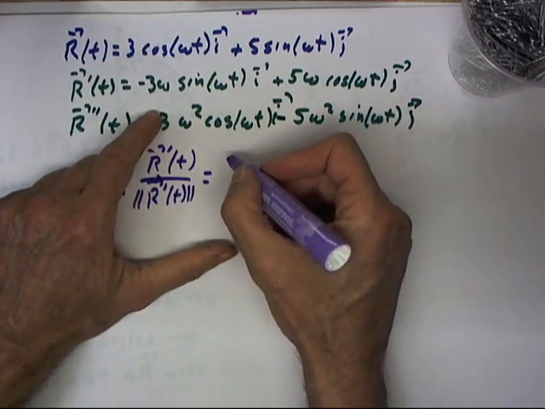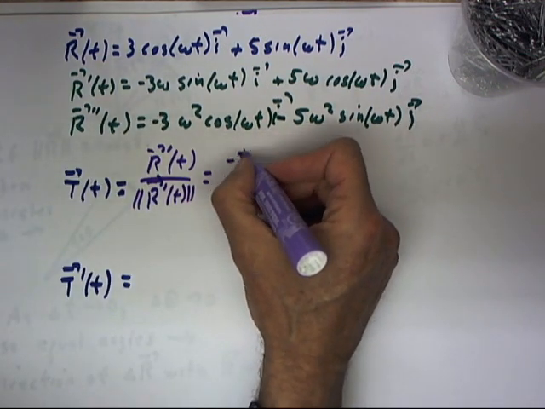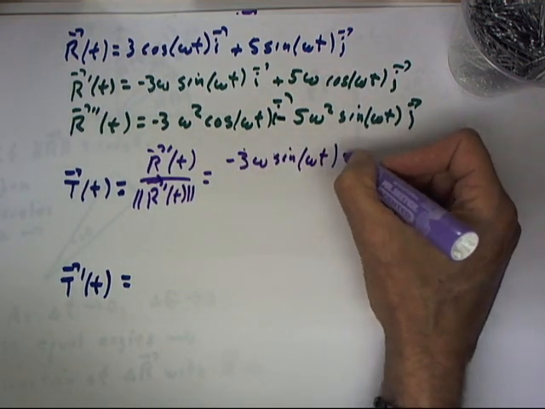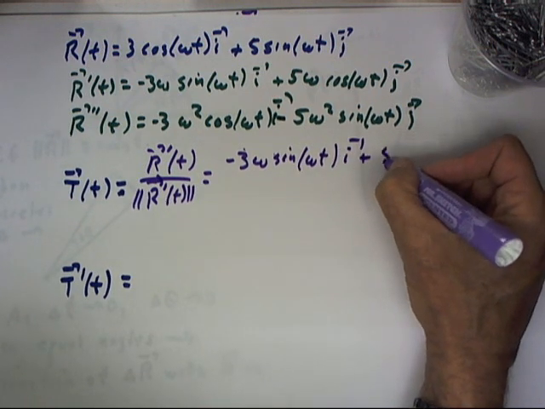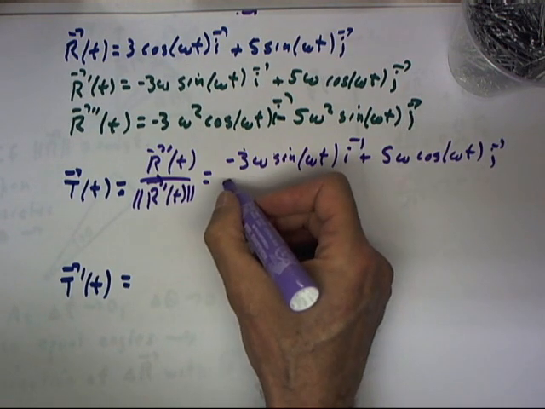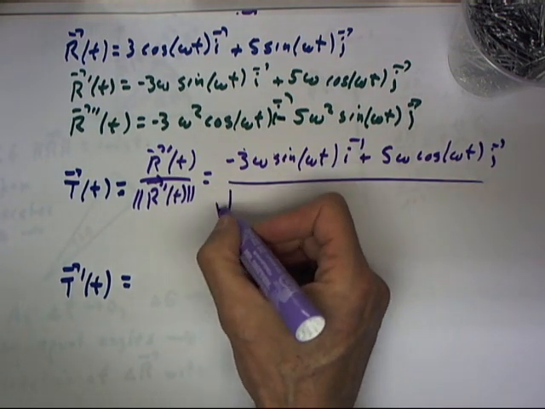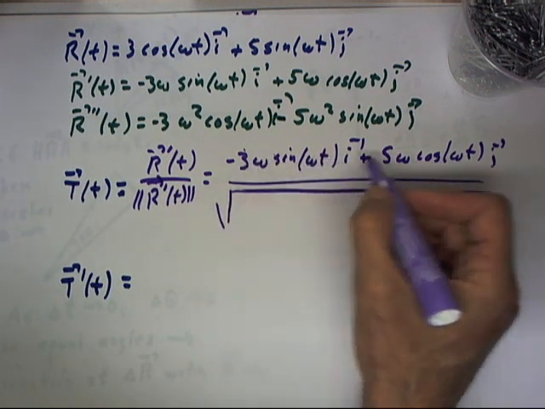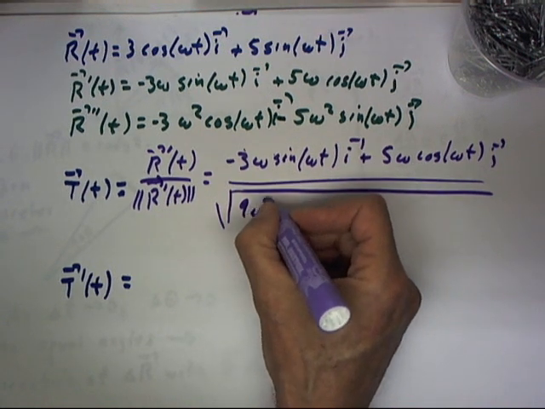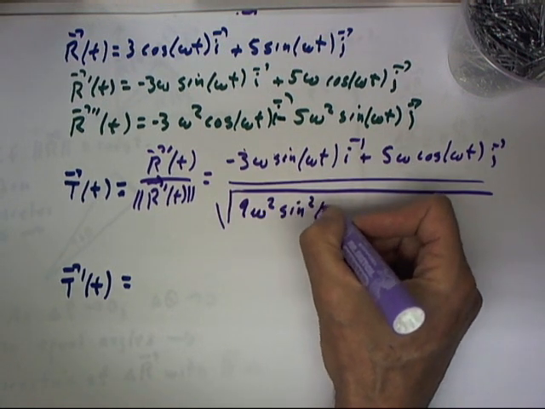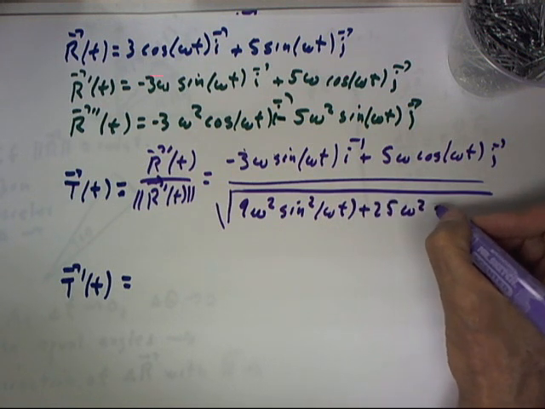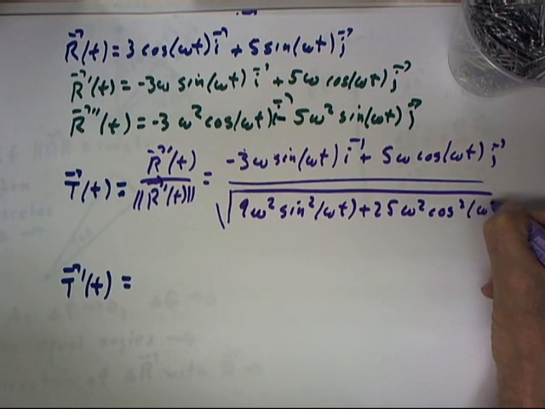Well, we have negative 3 omega sine of omega t i plus 5 omega cosine of omega t times j, divided by the square root of the sum of these squares. That's going to be the square root of 9 omega squared sine squared of omega t plus 25 omega squared cosine squared of omega t.